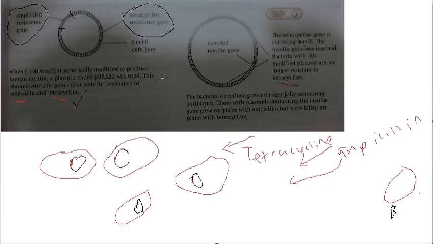But normally the plasmid will be resistant. So when we keep this tetracycline, some of the bacteria will die. Now in our case we won't have such distinct cases.